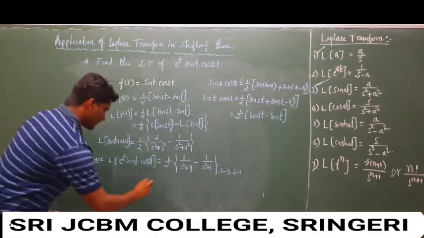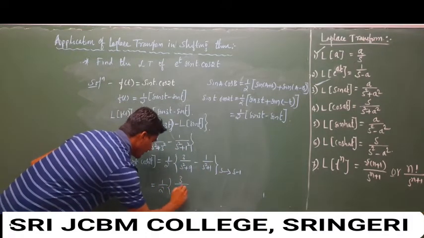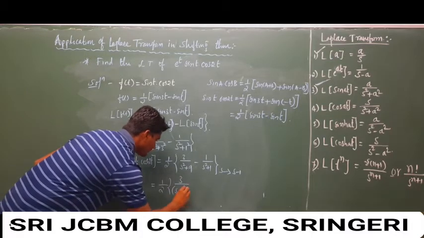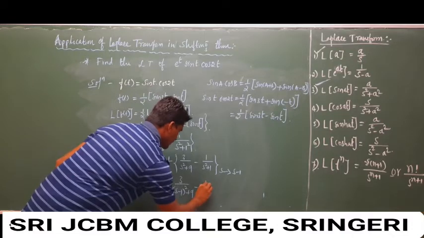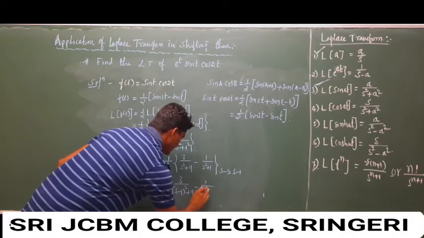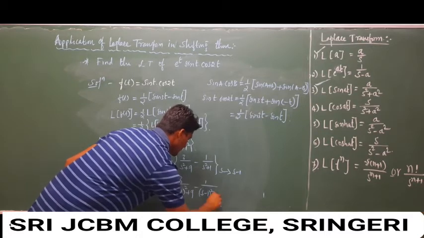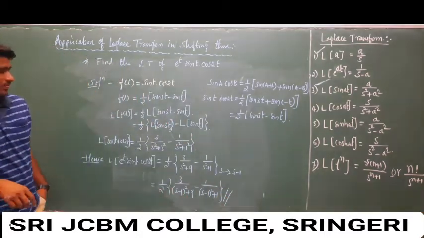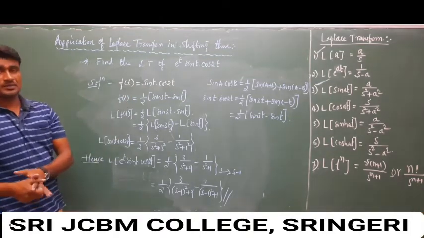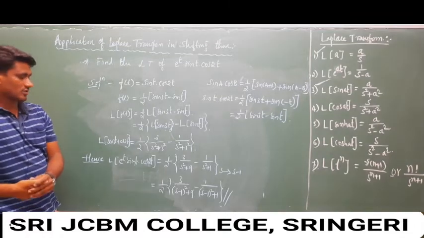So we get 1 over 2, 3 over s minus 1 whole square plus 9, and 1 over s minus 1 whole square plus 1. This is the solution for the Laplace transform of e to the power t sin t cos t.